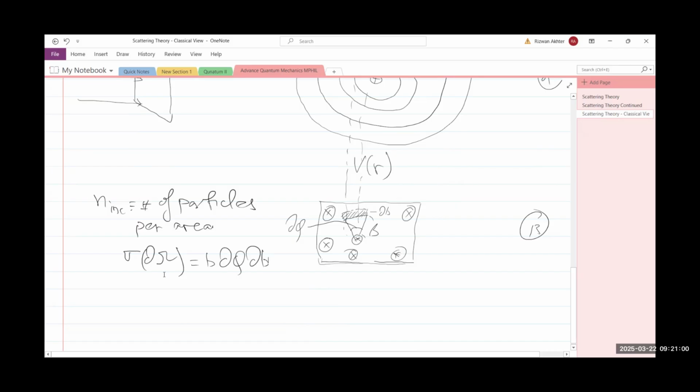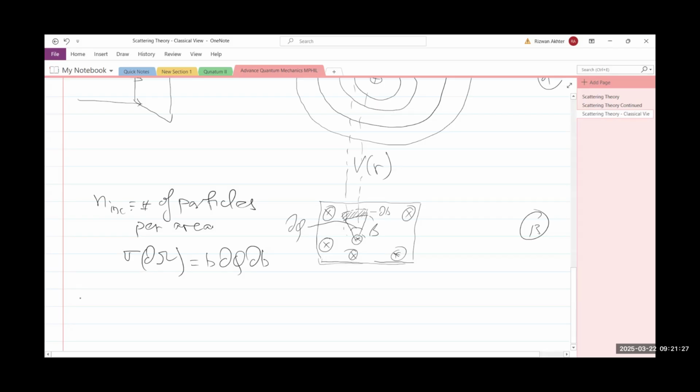सो बुनियादी तौर पर ये जो एक्सप्रेशन आपको नजर आ रही है ऊपर, N scattered is equal to sigma times NINC, that defines this cross section sigma as some constant of proportionality, an area. That constant of proportionality basically represents some sort of an area that is the beam of particles incident on that area, and then there is some scattered beam of particles.